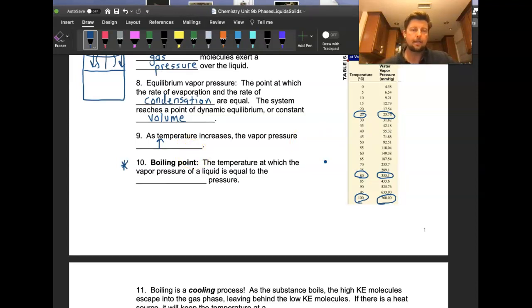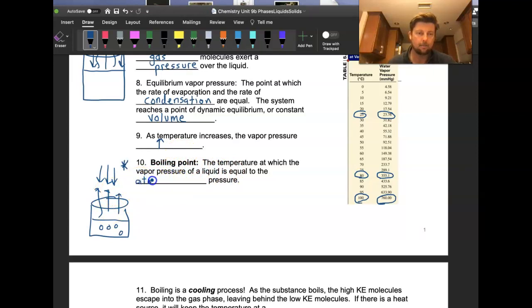So boiling point is when the vapor pressure, so the pressure that's coming off a liquid, is equal to the pressure of the atmosphere pushing down. And what we see are a whole bunch of bubbles. So when we get to this really unique point, the boiling point, like 100 degrees Celsius for water, is when we get this temperature where the vapor pressure going up and the atmospheric pressure pushing down are equal.